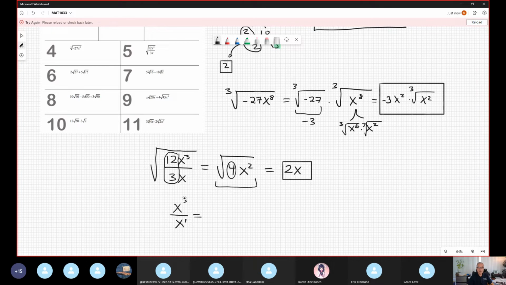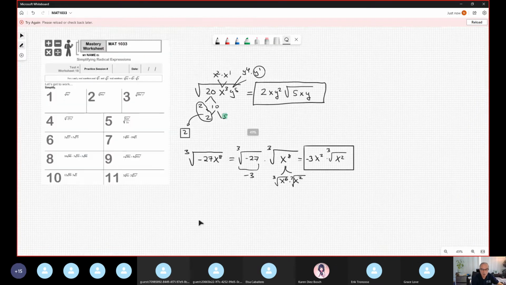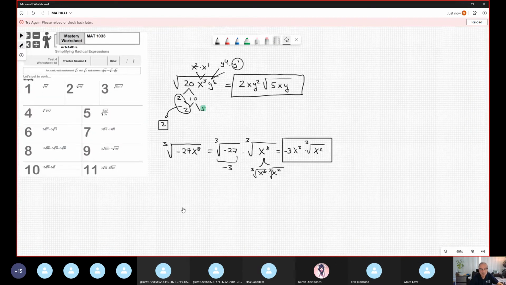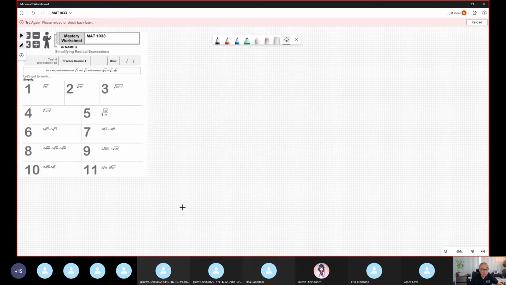Okay, now let's practice. Let's see addition and subtraction of radicals. Remember, we can condense when you have the same radical. If you have different radicals, we cannot condense them.